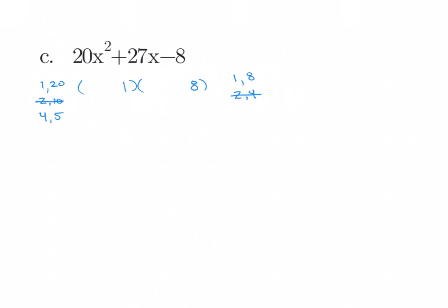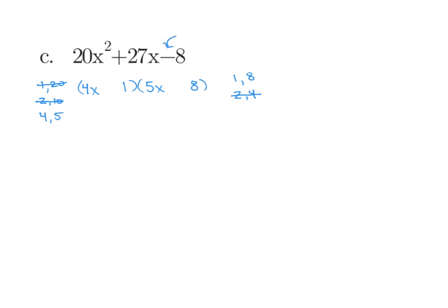So I think we can go ahead and say 1 and 20 is not a viable solution. That leaves me with just the 4 and the 5. Now I'm going to use rule 1 again. 4 and 8 cannot go in the same set since they are both divisible by 4. That means 4x is going to have to go in the first set. 5x will have to go in the second set.